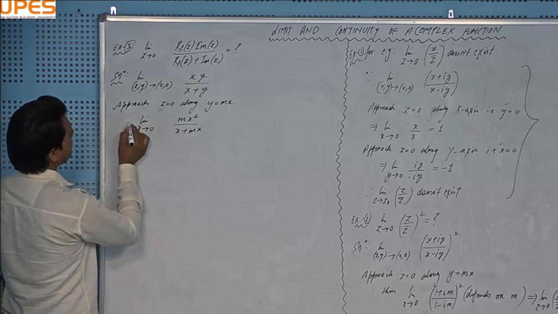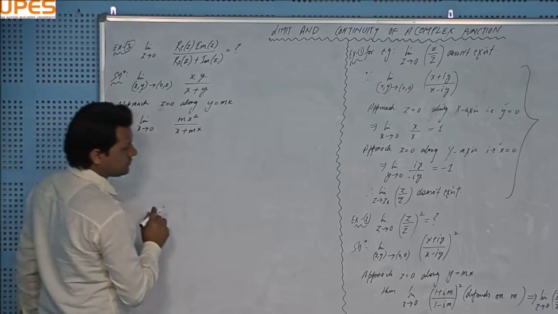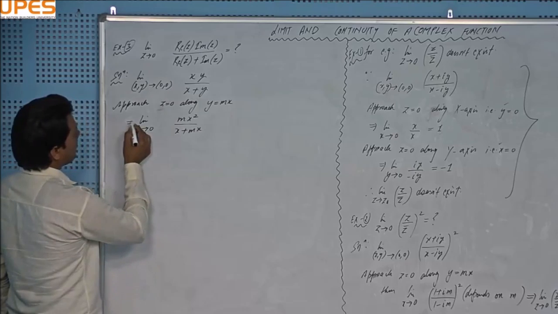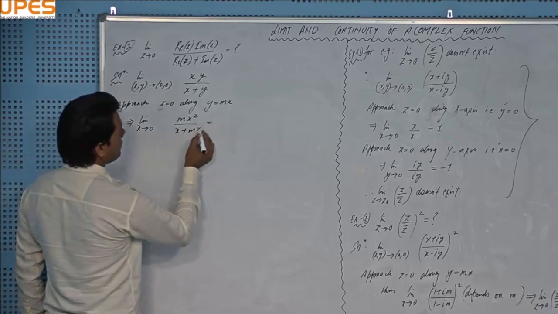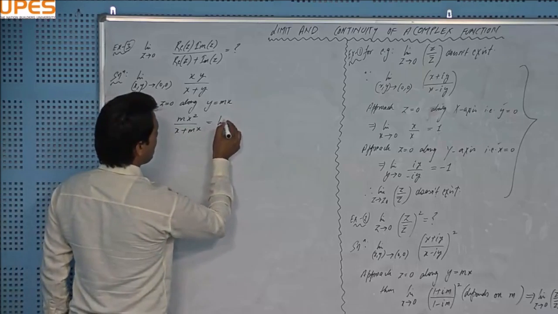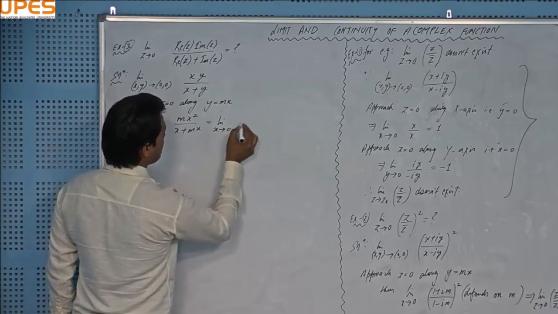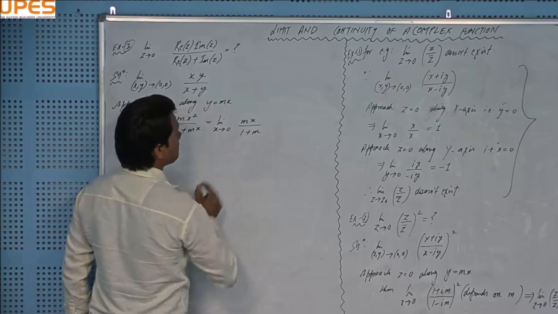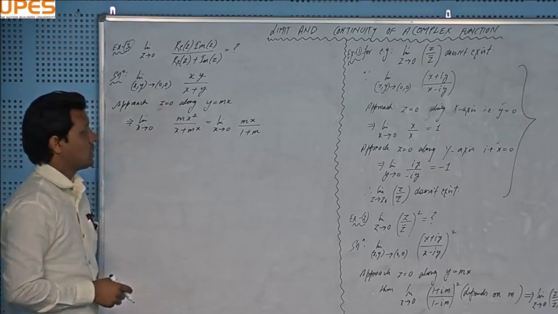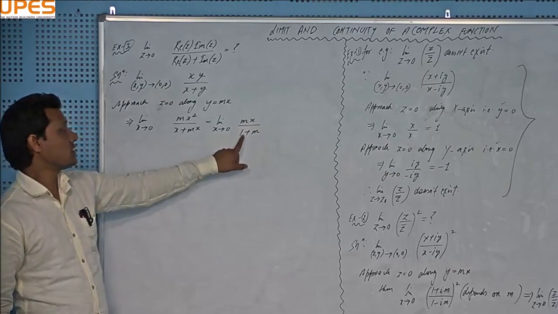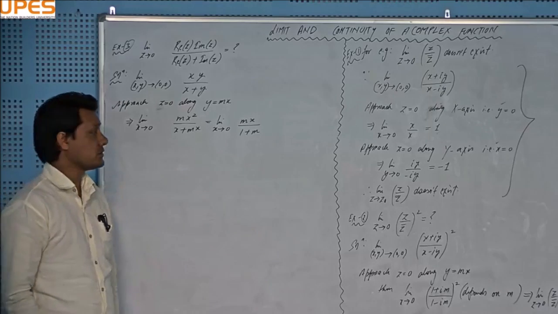On cancellation of x in the numerator and denominator, this will give limit as x tends to 0 of m times x over 1 plus m, right?